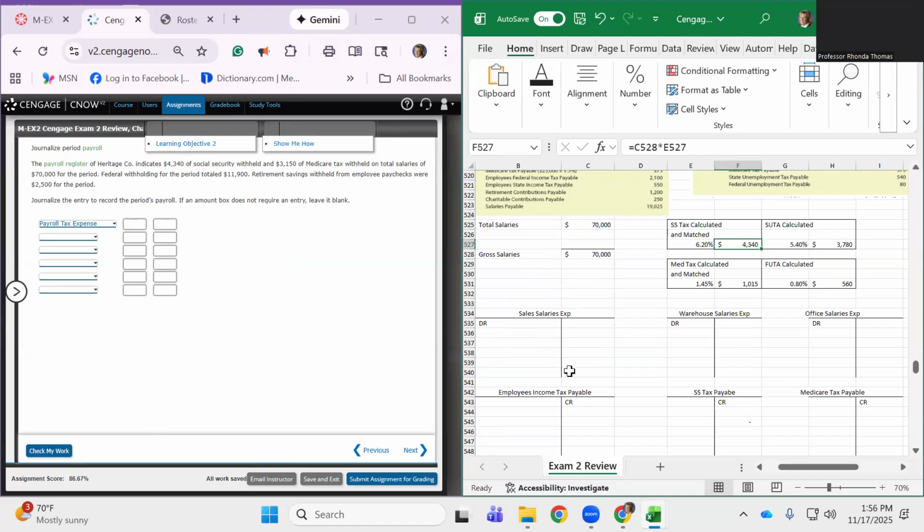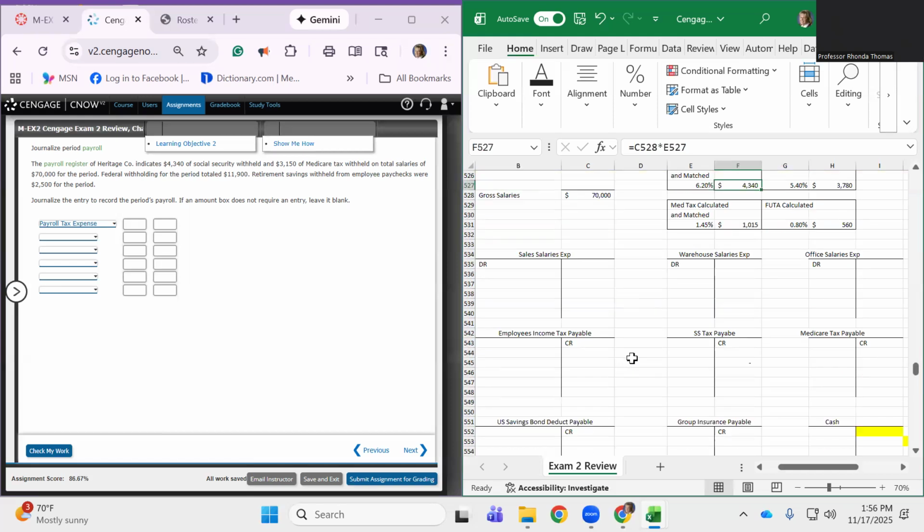All right, so here's what we're doing. Here's the gross salary. So we're going to put in Social Security payable. There it is. Whatever they're telling us. Okay, we're going to put that in. $4,340. And then the Medicare payable part. Okay, that gets matched, which doesn't this time.